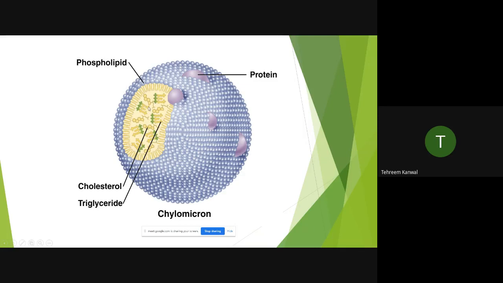It has cholesterol, fatty acids, triglycerides, esterified cholesterol, and different lipid compounds in it. So this is the structure of a chylomicron.